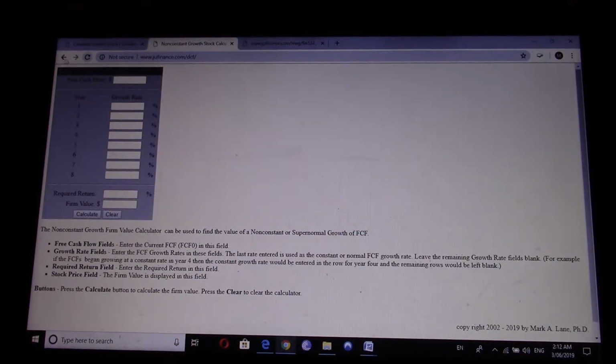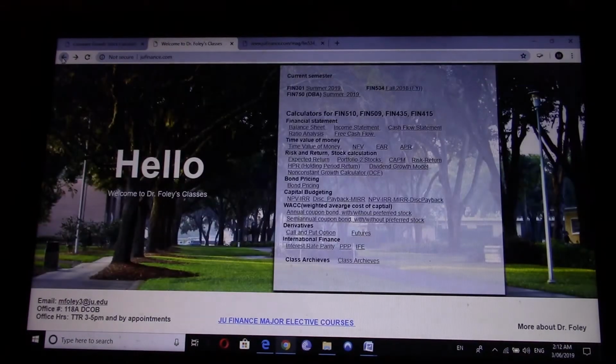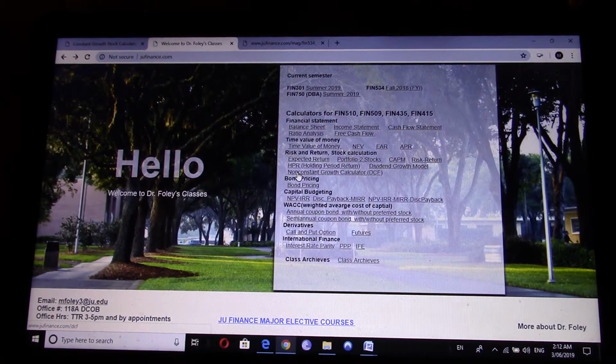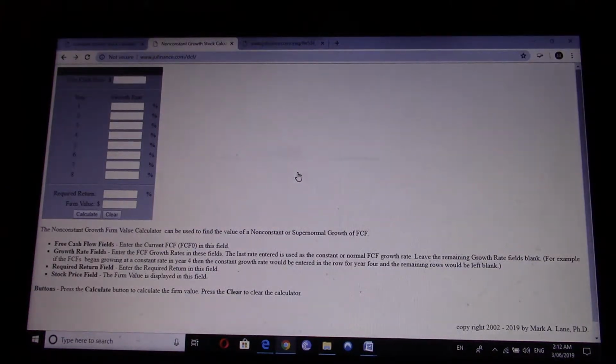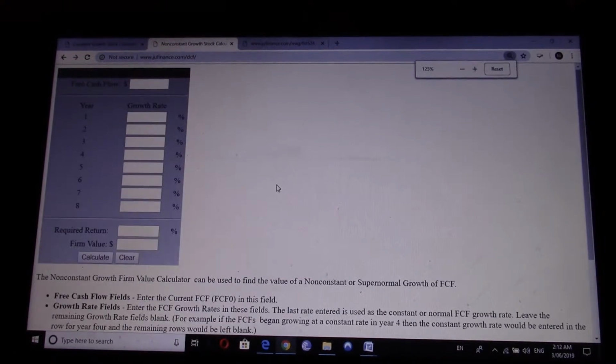If the dividend growth rate is non-constant, you can use this calculator, called non-constant growth stock calculation. To use this calculator, it says free cash flow, but you just think of this as dividend.